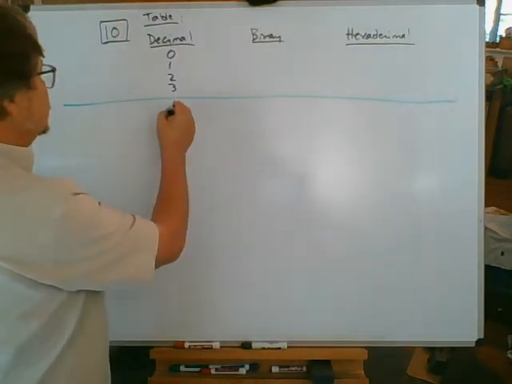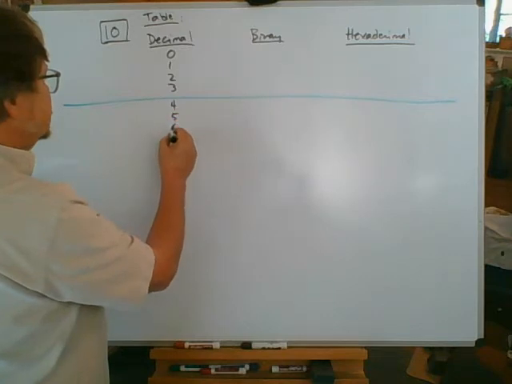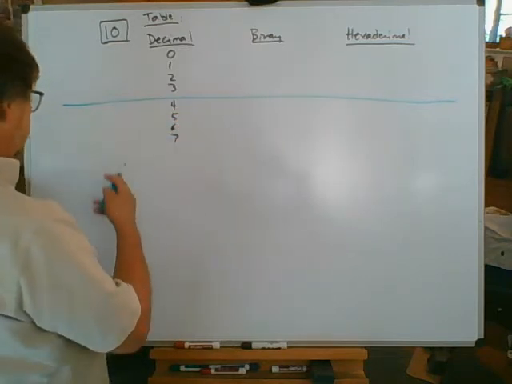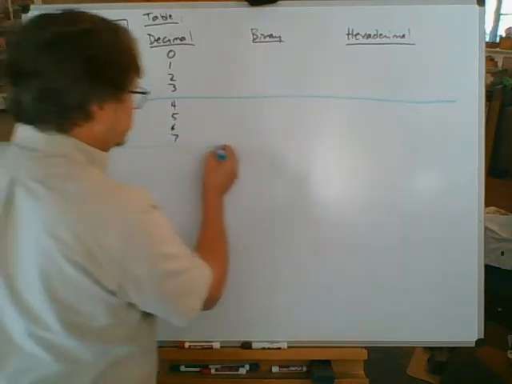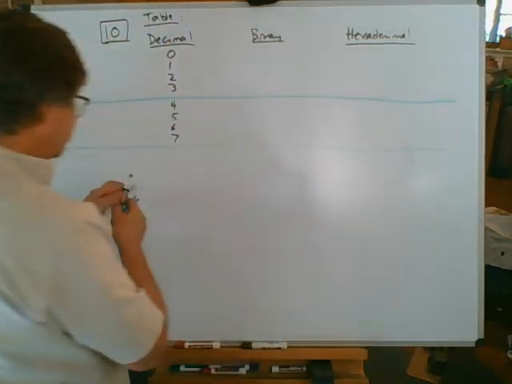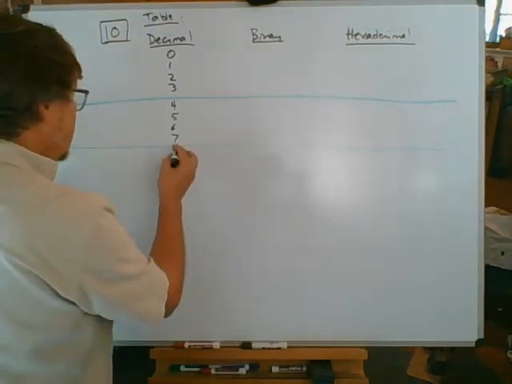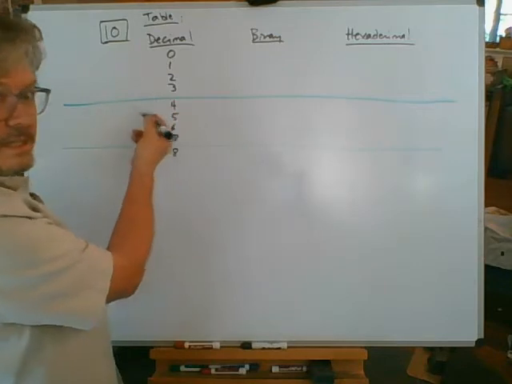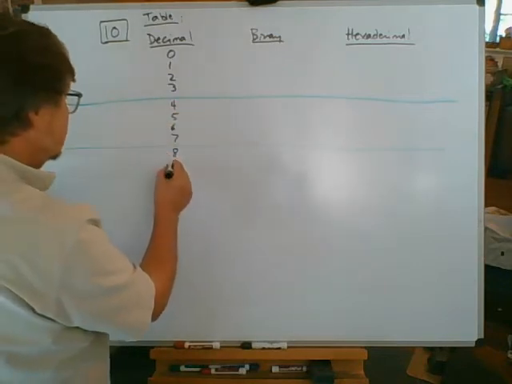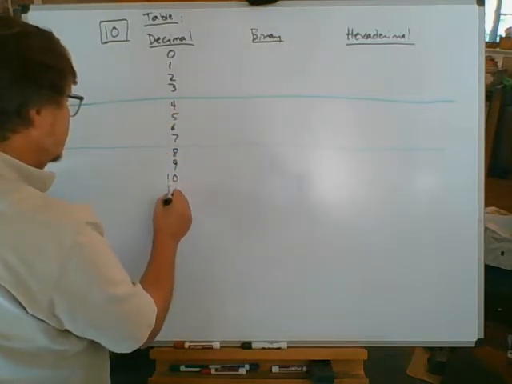0, 1, 2, 3, 4, 5, 6, 7. Another line. Eight. See how easy this is? Decimal? 8, 9, 10, 11.